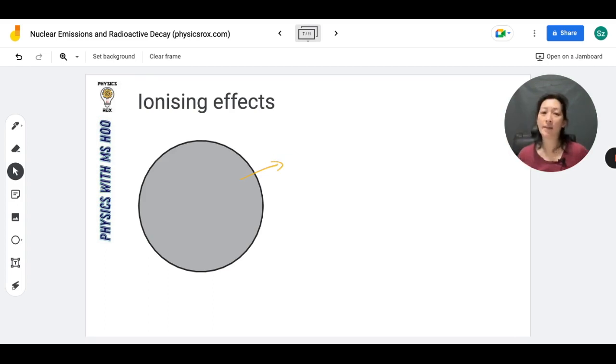Now, how this unstable nucleus ionizes other particles is like this. Say we've got air particles here. As the radioactive radiation is being released, it's going to cause these air particles to become ions. How does it do that? It's going to physically knock out an electron or more from the shells. Let's recall, for the atom, we know there are electrons in the shells.